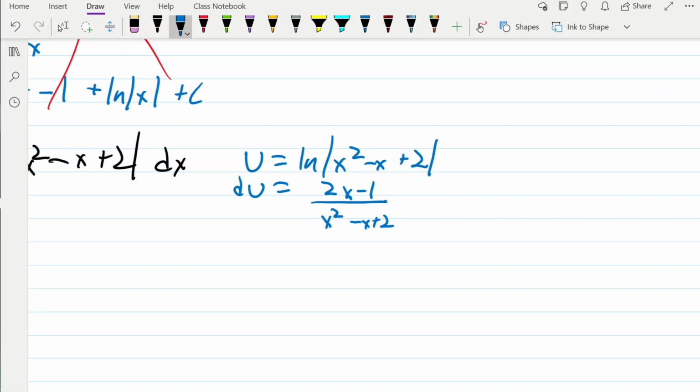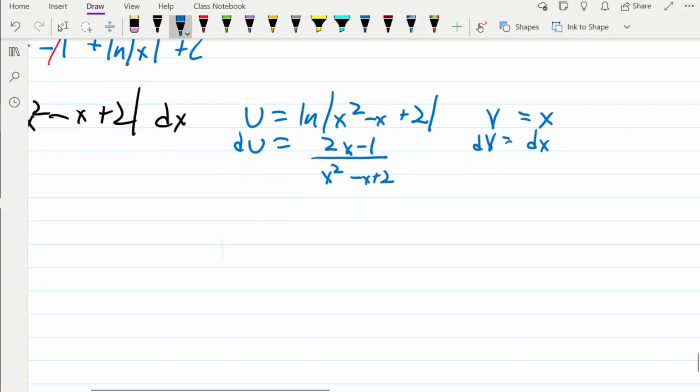Oh yeah, so is the derivative of ln just 1 over x? Okay. I think I was just having a brain fart moment, I guess you can say. Yeah, that makes sense. And then we're just going to set dv equal to dx, and then v equal to x.